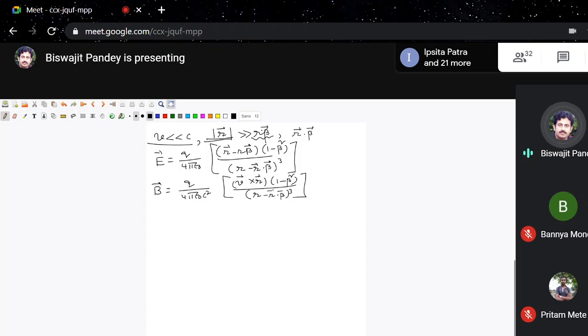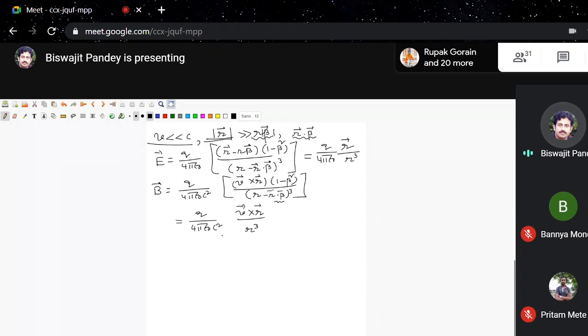So the electric field will simply be equal to q by 4 pi epsilon 0 r vector divided by r cube, and the magnetic field will simply be q by 4 pi epsilon 0 c square into v cross r, divided by r cube. These terms are negligible, since beta, that is v, is much less than c.